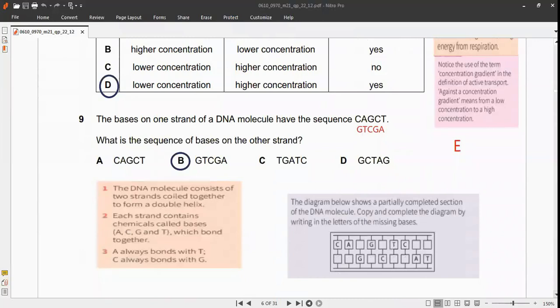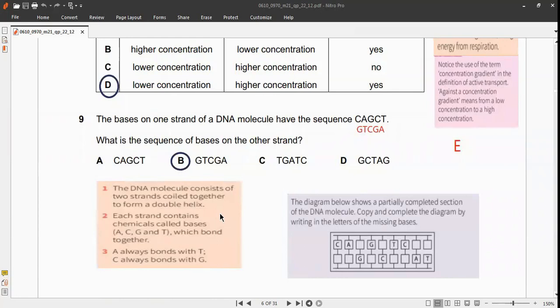Number 9. The bases on one strand of a DNA molecule have the sequence C, A, G, C, T. What is the sequence of bases on the other strand? You know the DNA molecule consists of two strands coiled together to form a double helix. Each strand contains chemicals called bases A, C, G, and T, which bond together.